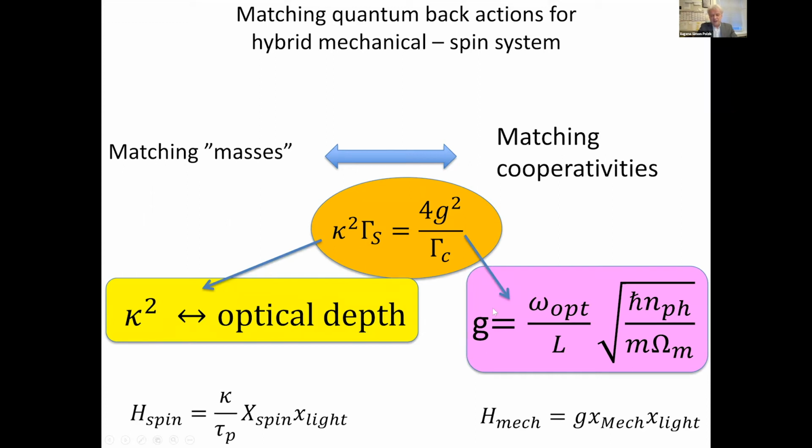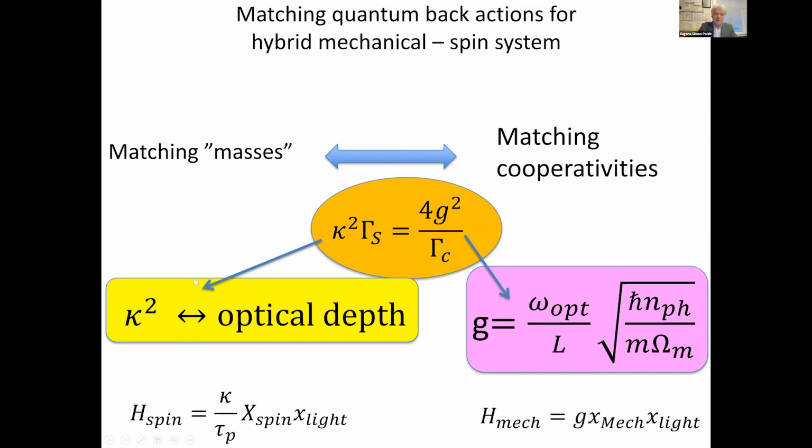The interaction constant in optomechanics is basically just given by the number of photons in the strong field. So this is theoretically very easy. The stronger my laser, the stronger my measurement, and the higher the quantum back action.